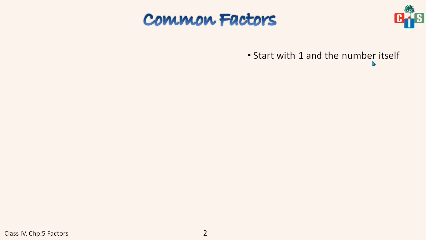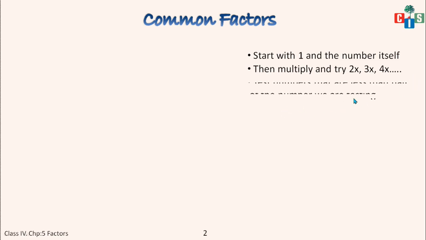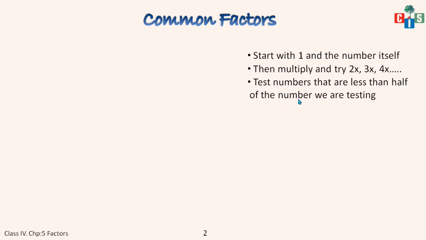Then we check in which other tables the number comes, the tables of 2, 3, 4 and so on. We will check till half of the number. And we use an arc, to avoid mistakes. I hope you remember this.